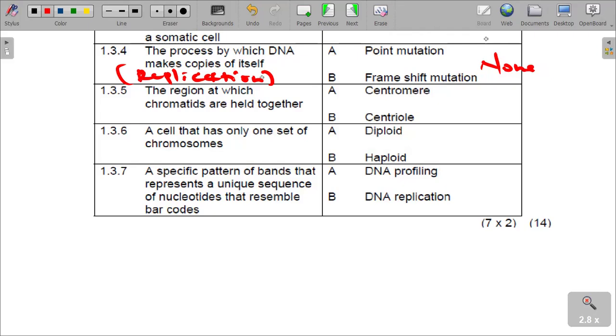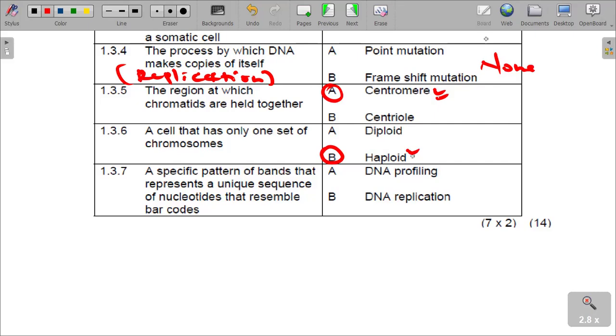The region at which chromatids are held together, they are held together at the what? At the centromere. The centromere holds the chromatids to form a chromosome. Number 6, a cell that has only one set of chromosomes, we call that a haploid.